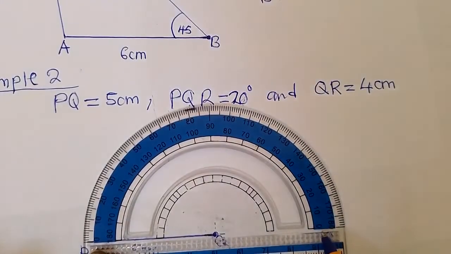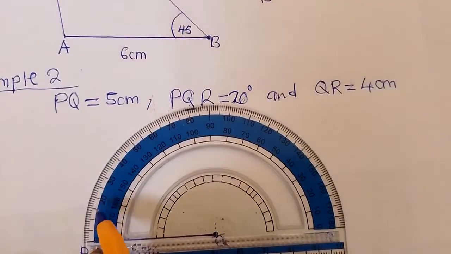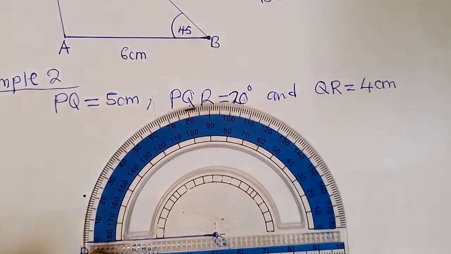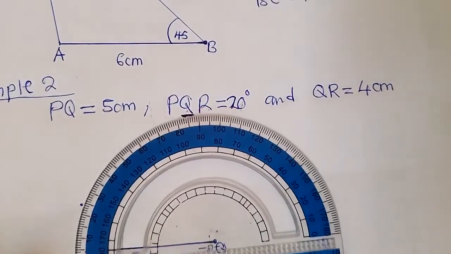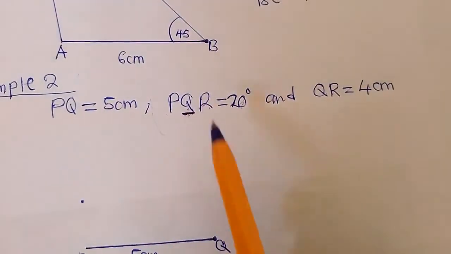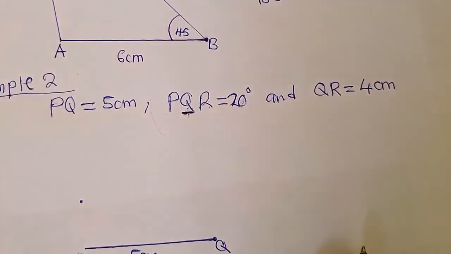The other 0 there is not on the line. So 20 degrees, where is 20 degrees? 0, 10, 20. Here. Put a dot like this, a dot that you are able to see. That's where 20 degrees is. After you do that, you get what is in the middle, then 20 degrees like that.